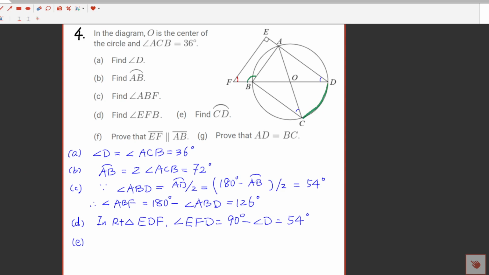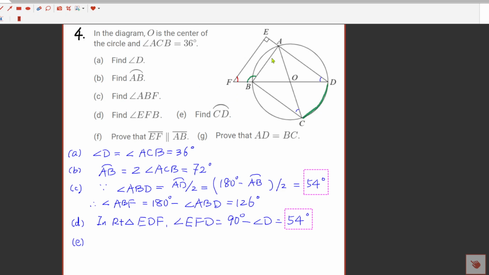So combining the conclusions from part C, which states angle ABD is 54 degrees, and the conclusion from part D, which states that angle EFD is 54 degrees as well.